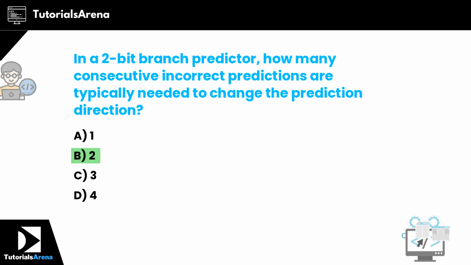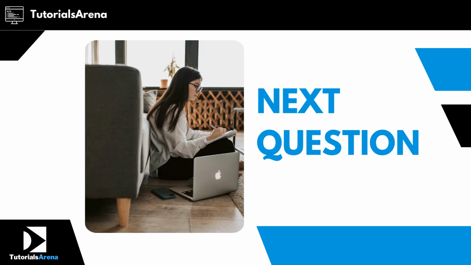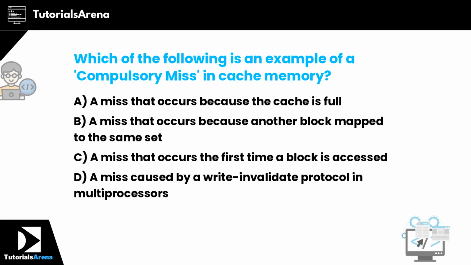The correct answer is option B, 2. Which of the following is an example of a compulsory miss in cache memory? The correct answer is option C, a miss that occurs the first time a block is accessed.